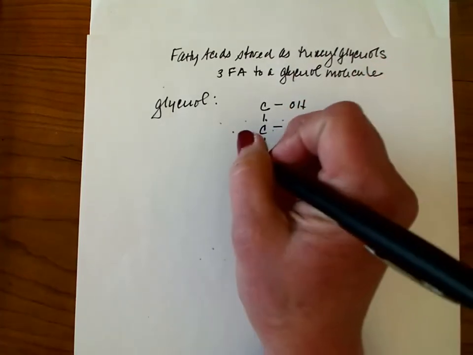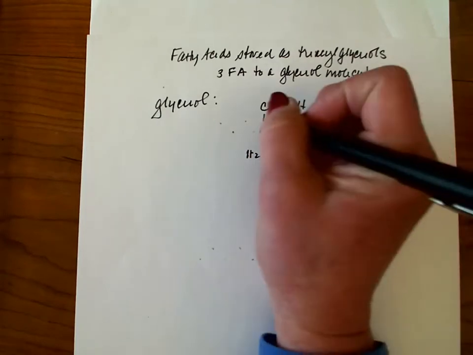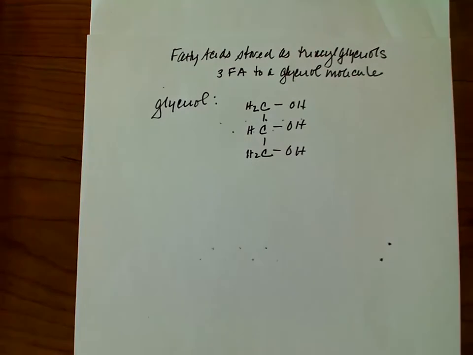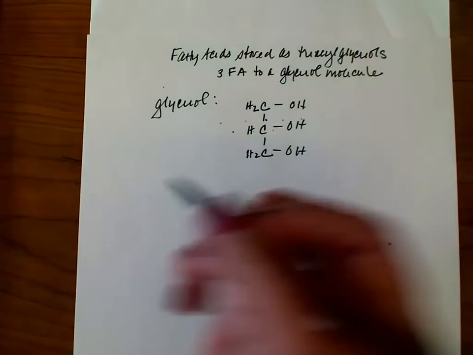So it can accommodate anywhere from 1 to 3 fatty acids. If there's only 1 fatty acid attached, it's a monoacylglyceride, 2 a diacylglyceride, or a triacylglyceride if we have 3 of those attached.